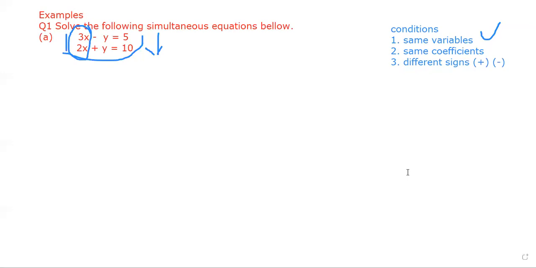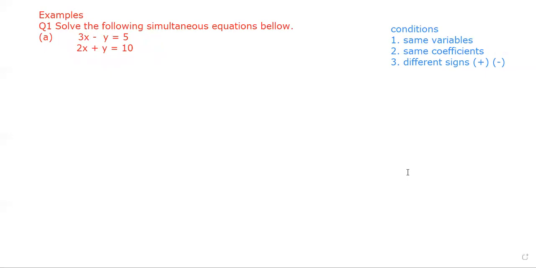Now let us look at coefficients. Are they the same? On X, the coefficients are different because the coefficient here is 3, the coefficient here is 2. So they are different. We cannot eliminate. That one is refused. Let's go for the Y variable.